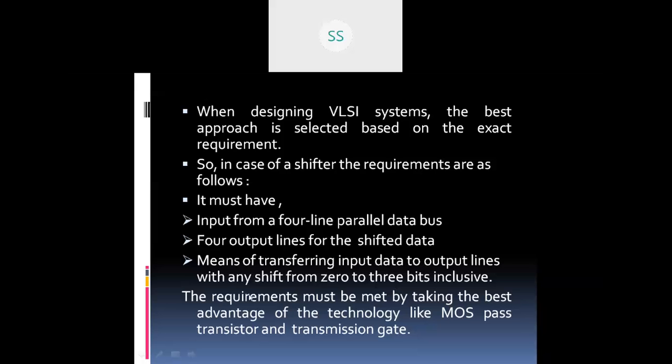Also, the requirements for this shifter must be met by considering the best advantage of the technology, like the MOS pass transistor and the transmission gate. So it is not only the input and output buses; the requirements must also depend on the technology, like the MOS pass transistor or transmission gate.